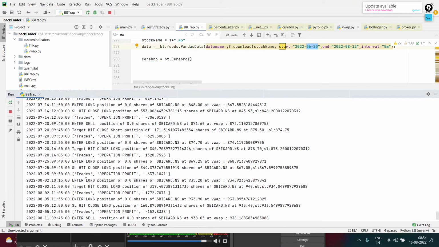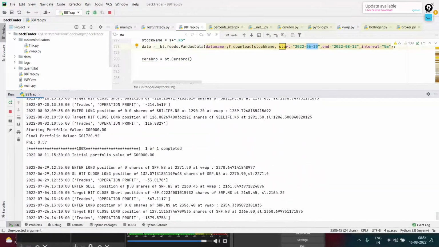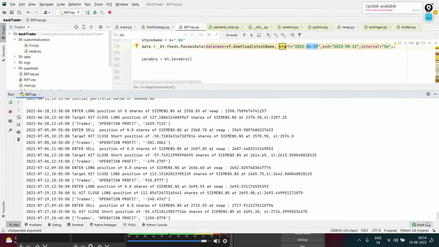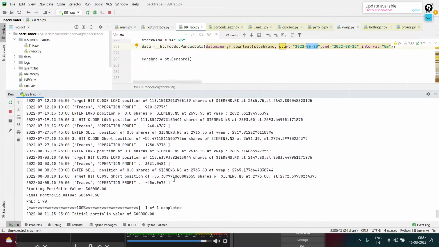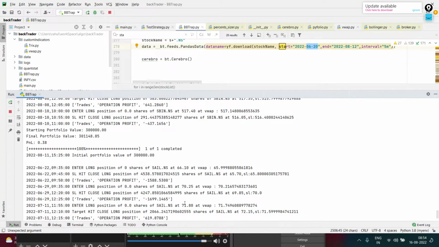Most of the time, it's either a stop loss hit or target hit, at least no forced closure. So that's one good thing. These strategies are getting completed in a stipulated time frame. There is no forced closure, which we do at 2:45.